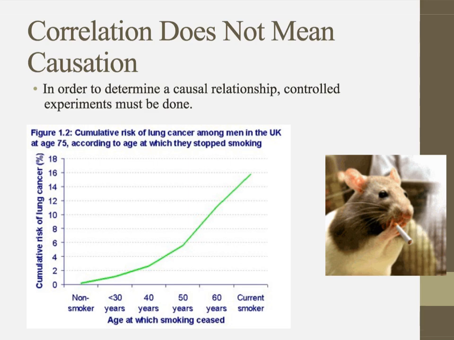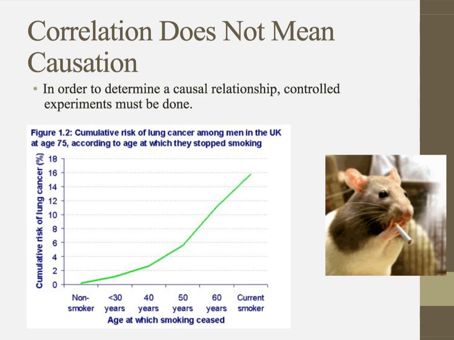If you wanted to take your correlation to the next level and see if one variable actually causes another, then you need to do controlled experiments. You would need to, in this case, find some kind of sample where you have people and you can measure how long they've been smoking, and eliminate every other variable.